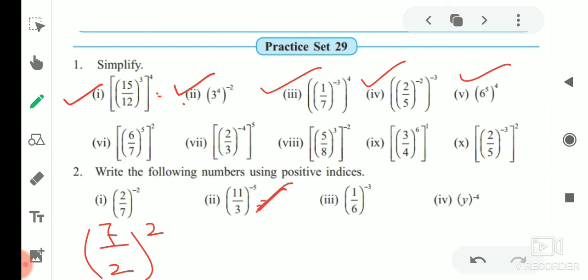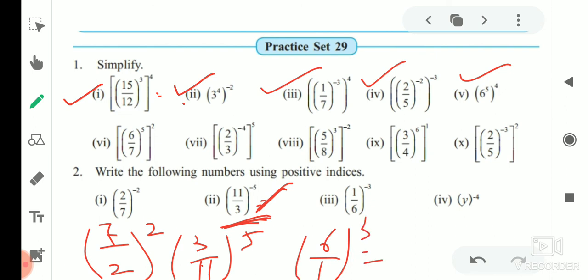We have to convert -5 into +5, so we will convert this number into its multiplicative inverse, (3 by 11) raised to power 5. Likewise (1 upon 6) raised to power -3 will give (6 upon 1) raised to power 3, that is equal to 6 raised to power 3, because there is no need to write 1 in the denominator. Then y raised to power -4 will give 1 upon y raised to power 4.